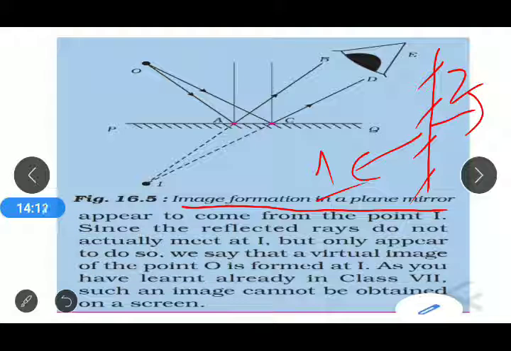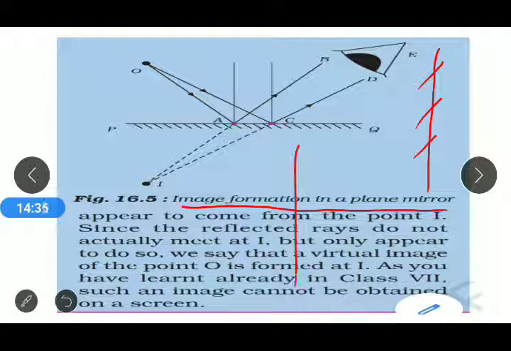So you can say that point number 2 is the reflecting surface, and point number 1 is the non-reflecting surface. Again, this is the symbol of the plane mirror.